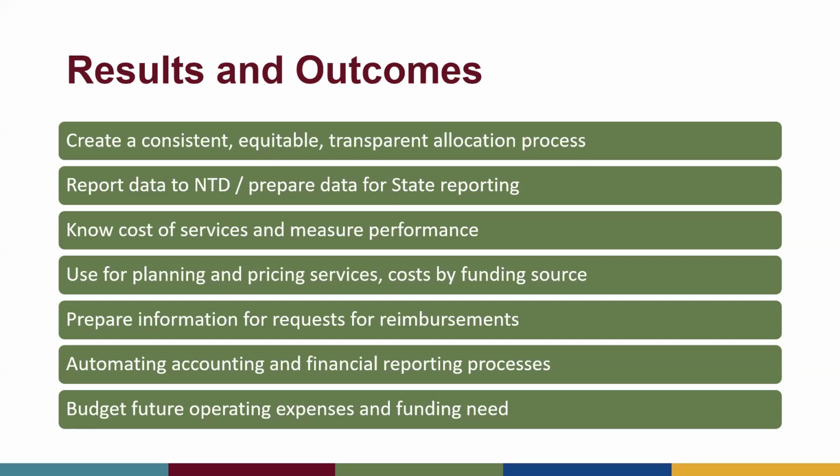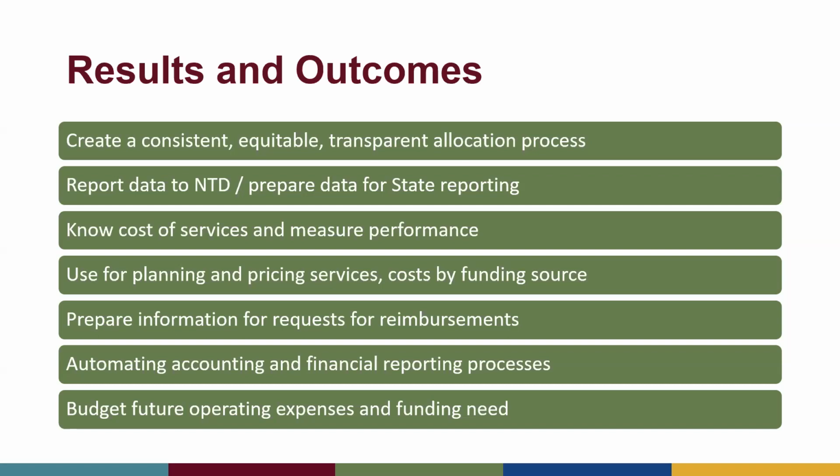Depending on what your situation is, if you do direct reporting as a full reporter to NTD or prepare data for the state, it's useful for that. Your cost of services and measuring performance comes out in the performance metrics in the reports. From that, you can use it for pricing of services, planning, and knowing your costs for different funding sources.